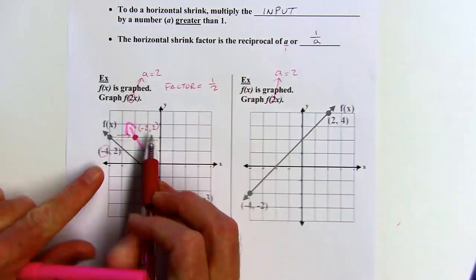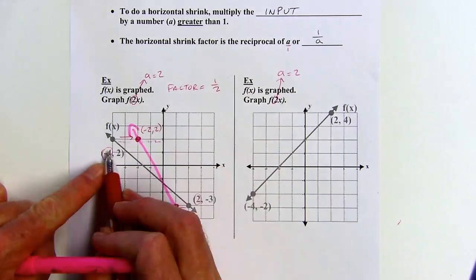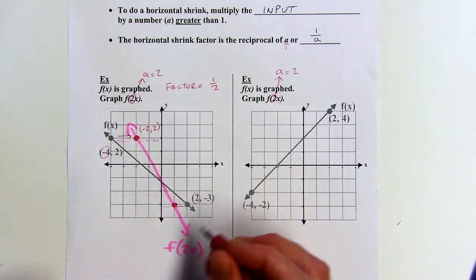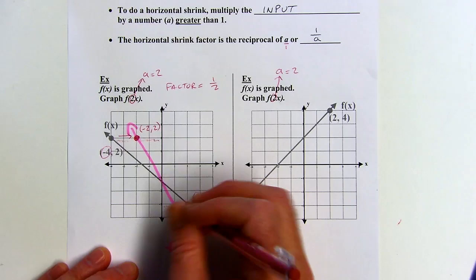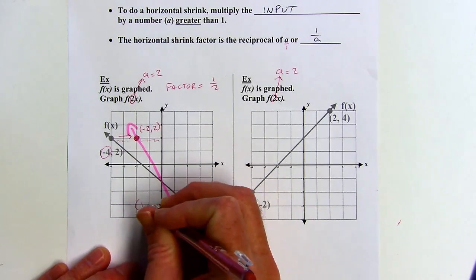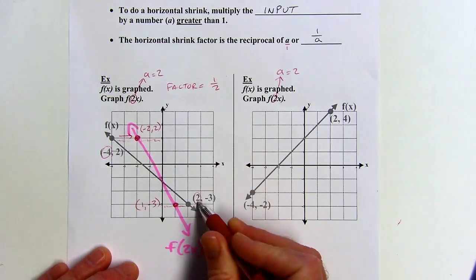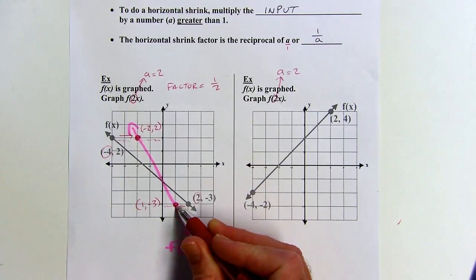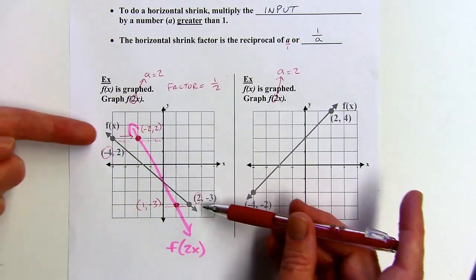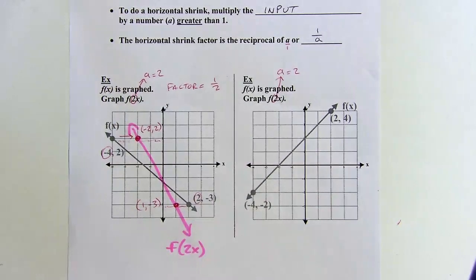Same thing down here: this new point would be (1, -3), since multiplying the x coordinate by 1/2 gives 1. I just think of it as being twice as narrow, so you move those in like that.